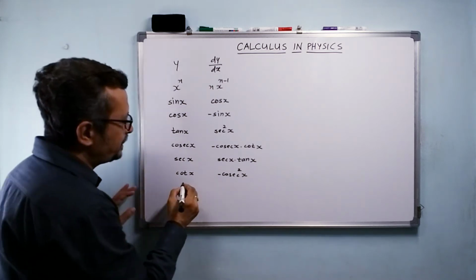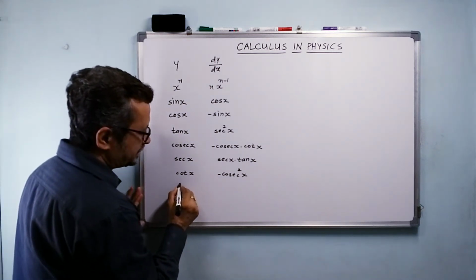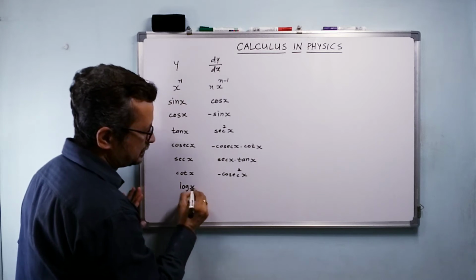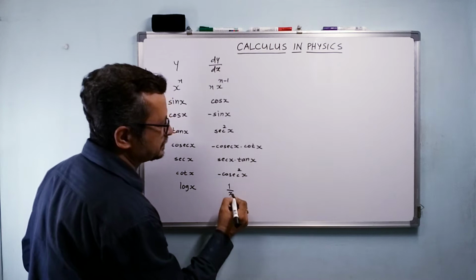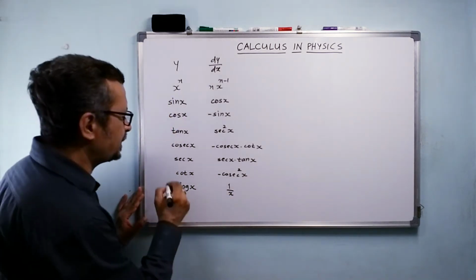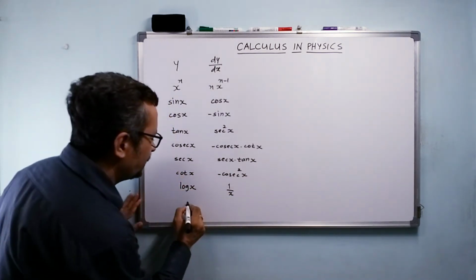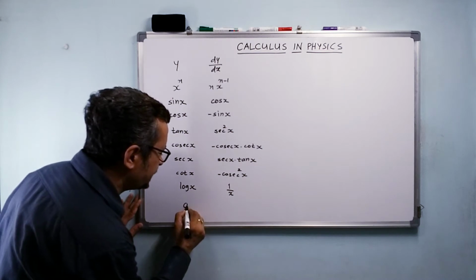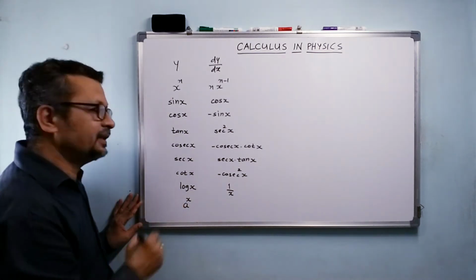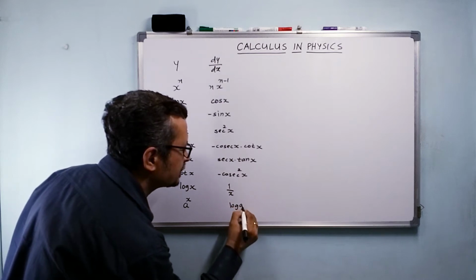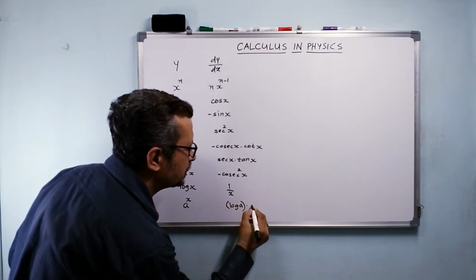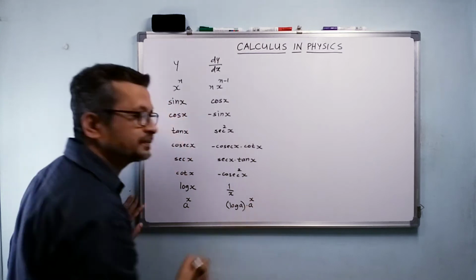Correct? Now if my y is log x, then its derivative is defined as 1 upon x. If my y is a raised to power x, then its derivative is log a into a raised to power x.